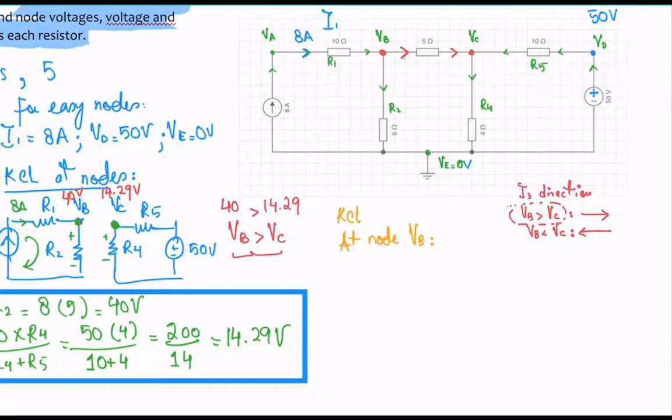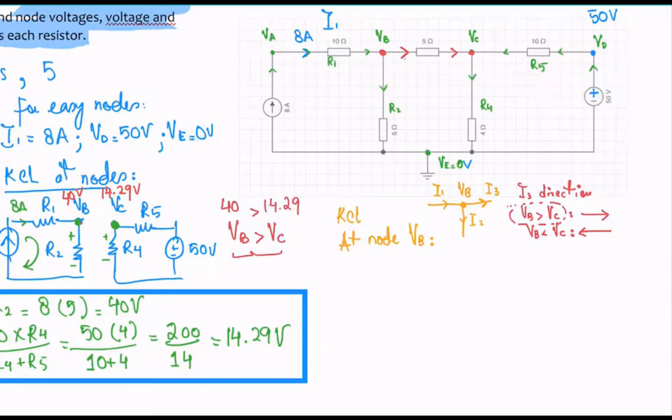It looks something like this. This is your node VB in the circuit. You have I1 coming in, you have I3 here flowing in this direction, and then you have I2 here flowing in this direction.